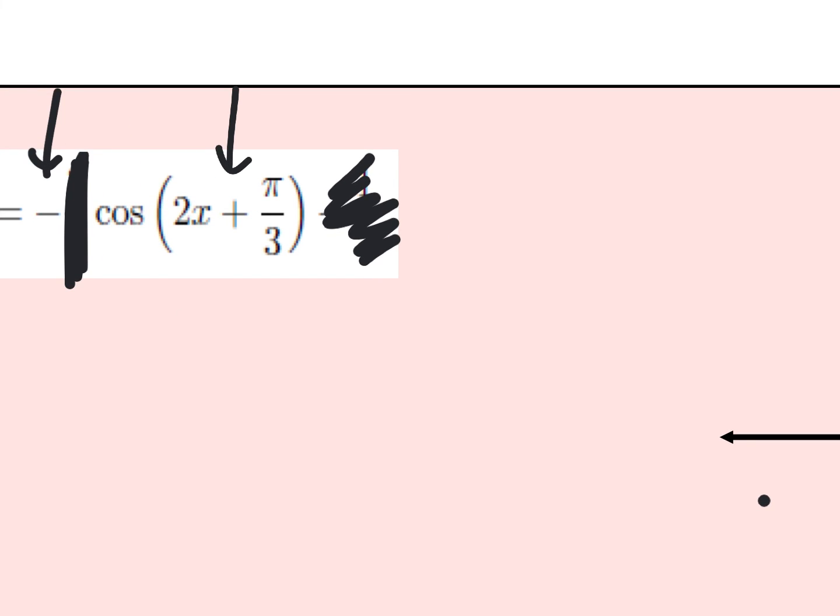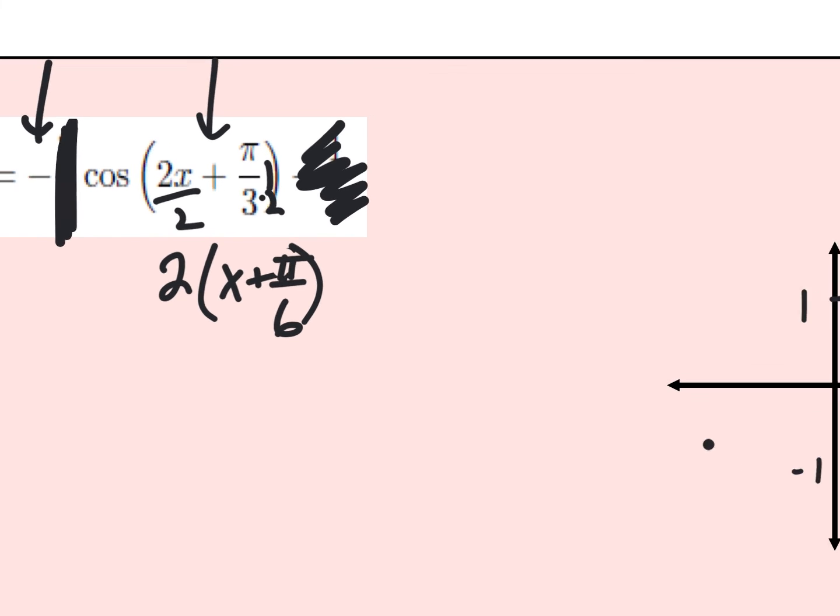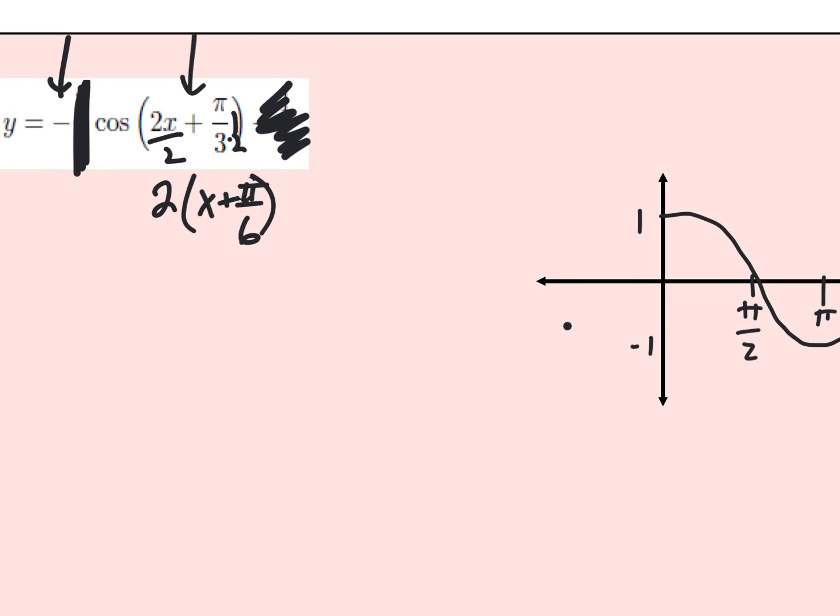If you can factor it, you should. 2 comes out, x plus pi over 6. Notice you take that 2, and it's like you're dividing both of them by 2. So instead of dividing by 2, we times it by 1/2, and that's how we get this pi over 6. Then I need to do this 2 first.